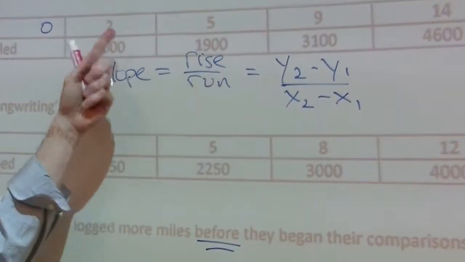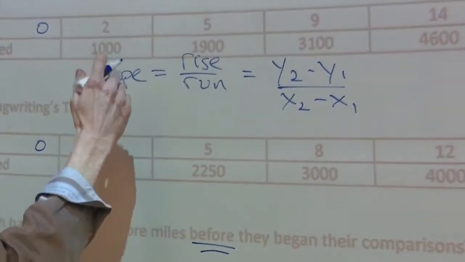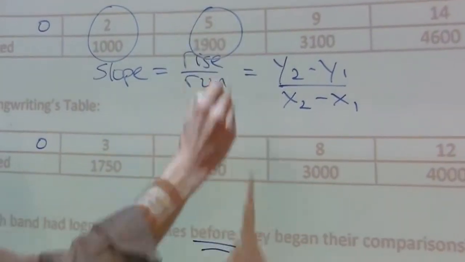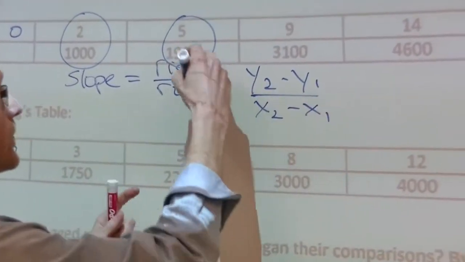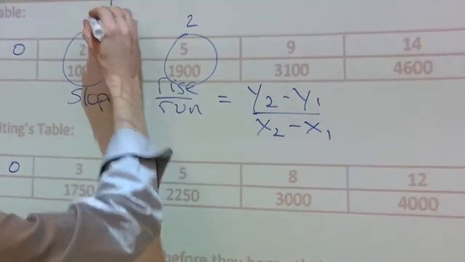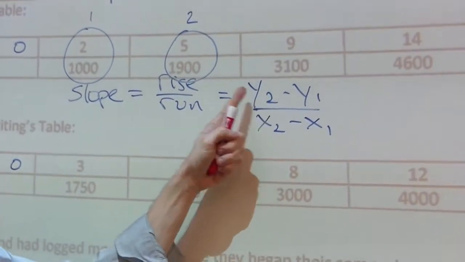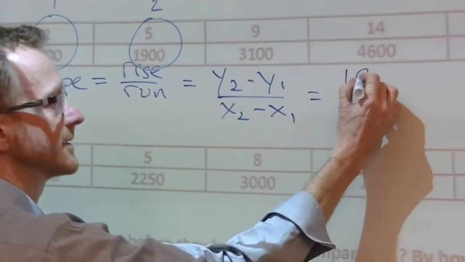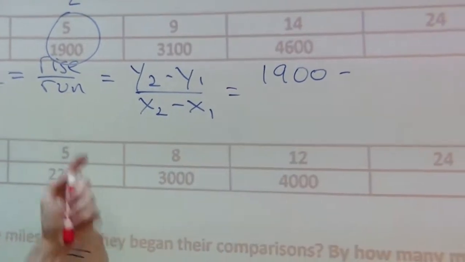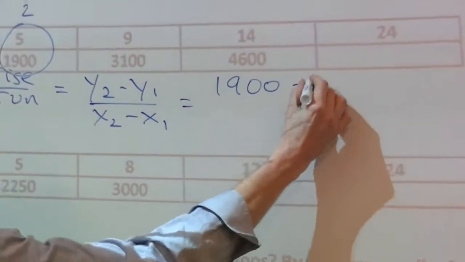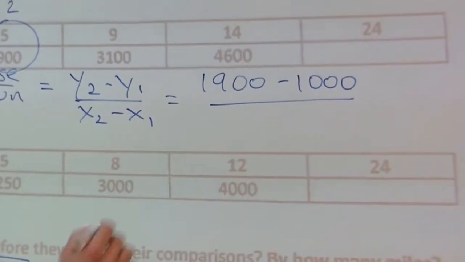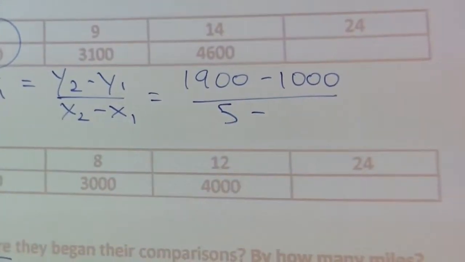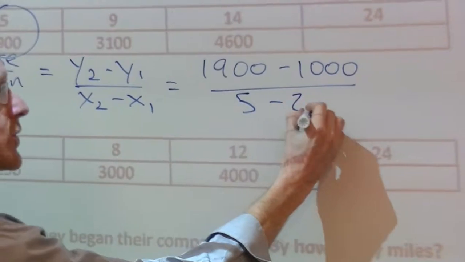So I can take any 2 points, and I'm just going to pick the easiest ones I can find. This one and this one. These numbers get bigger, I don't need to mess with that. So this will be my second point, and this will be my first point. Well, the second y is 1,900, and the first y is 1,000. The second x is 5, and the first x is 2.